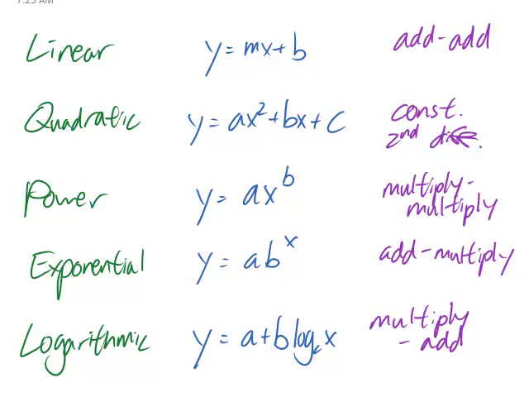The power function, remember, has x in the base, so it's y equals ax to the b. Exponential is x in the exponent, y equals ab to the x. And the new type, the logarithmic function, y equals a plus b log base c of x.